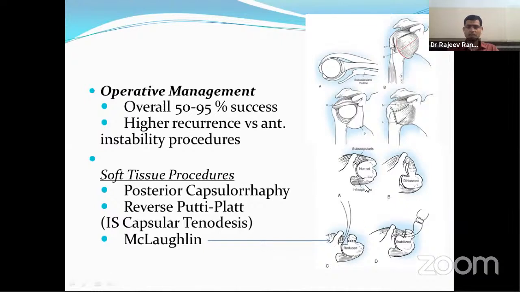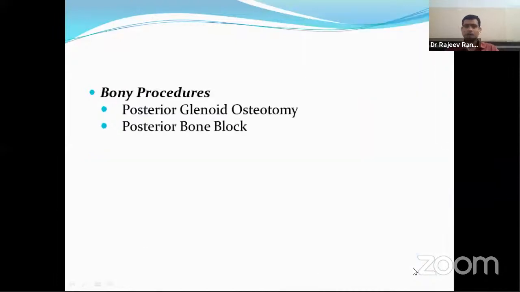The lower photograph shows the McLaughlin procedure, in which the anteromedial defect of the humeral head has been filled by the subscapularis. The bony procedures done for posterior instability are the posterior glenoid osteotomy or the posterior bone block.